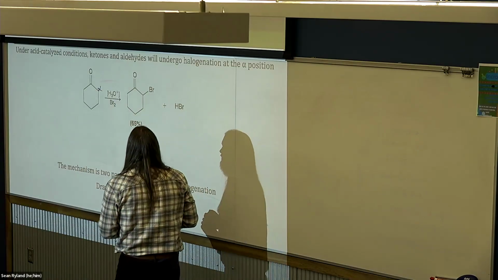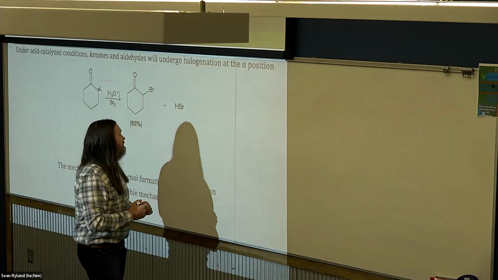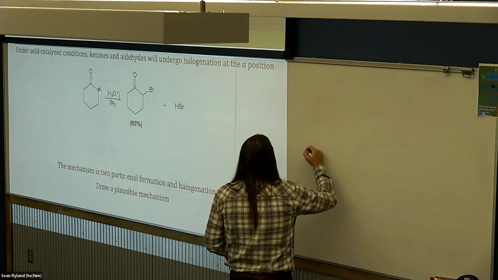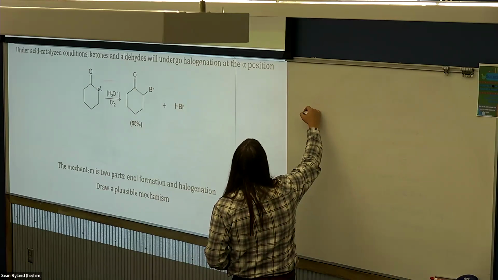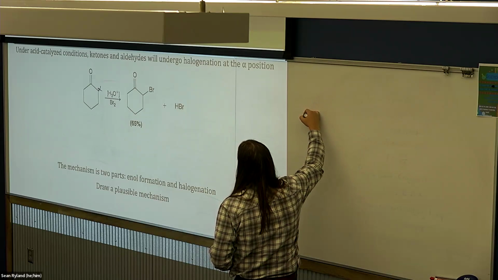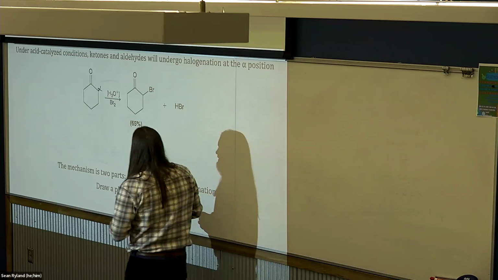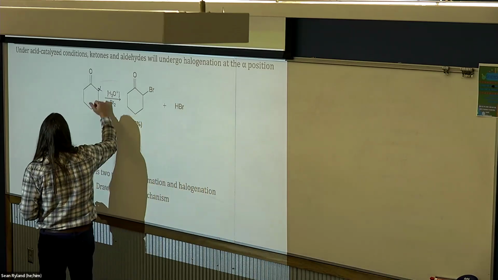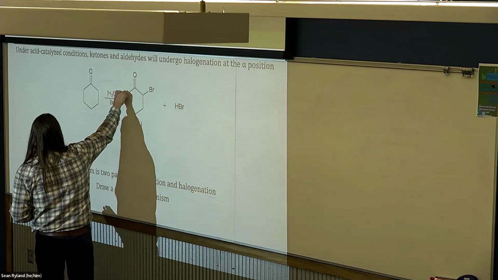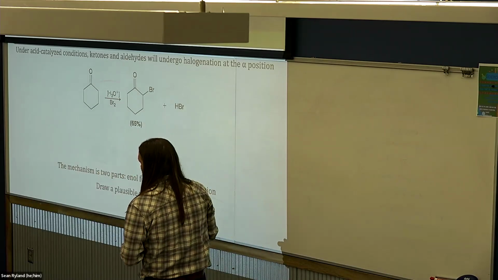What is the enolate going to look like for this molecule, cyclohexanone? Maybe even, I suppose, for this case, we can just make the enol since we're under acidic conditions. What is the enol going to look like?